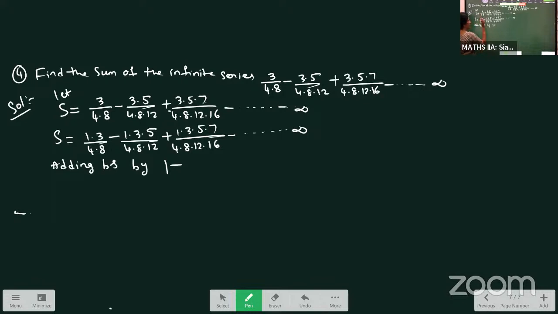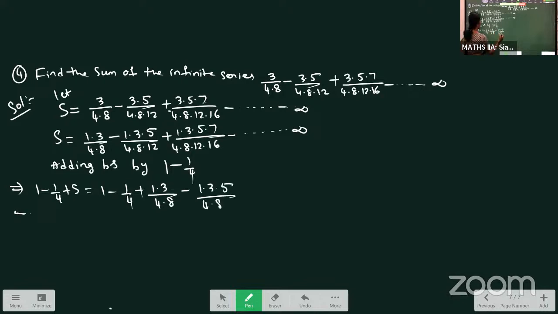If you cancel 3 by 8, it is 1 by 4. So add 1 minus 1 by 4 on both sides. On the LHS, 1 minus 1 by 4 plus S is equal to 1 minus 1 by 4 plus 1 into 3 by 4 into 8 minus 1 into 3 into 5 by 4 into 8 into 12, plus so on to infinity.